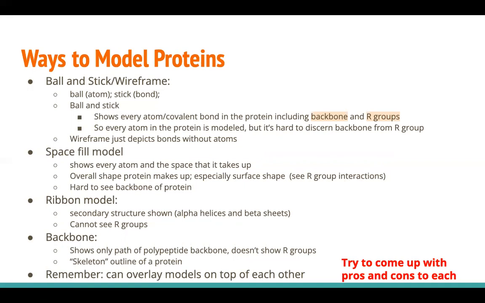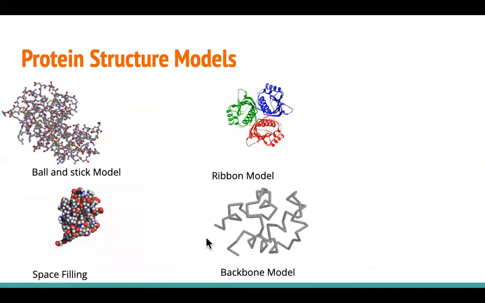In the ribbon model, you can see the twirls and you can see the little flat areas. Those are your secondary structures. But in the backbone model, all you see is literally the generic shape of the primary backbone, or the backbone of the amino acids, which is why it's called backbone model. Does that clarify that? Okay, cool.